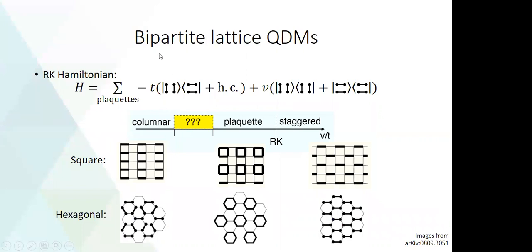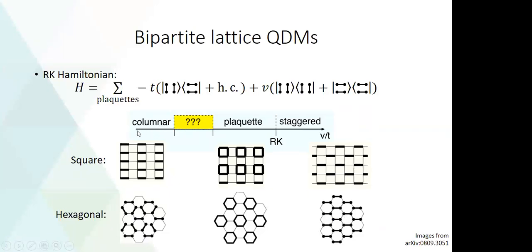I also briefly discussed the phase map of the RK Hamiltonian. For a bipartite lattice, this is believed to be the generic form of it. We have the RK point here. We have the staggered phase here, where there are no flippable plaquettes.